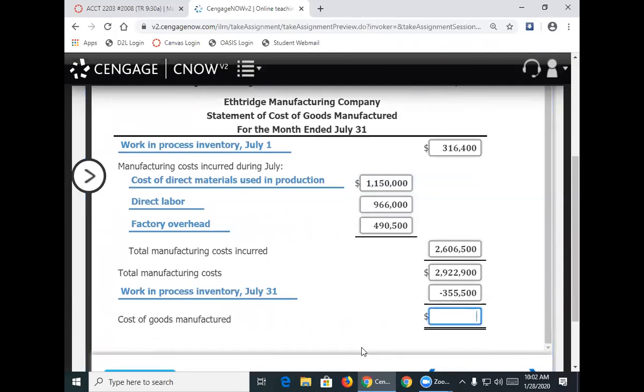And my cost of goods manufactured, we already calculated. Yay. So we just pop that in. 2,567,400.